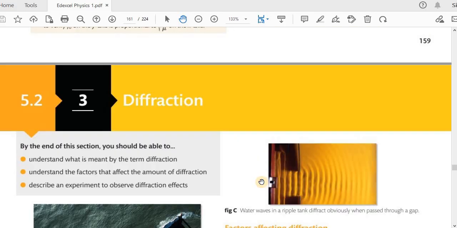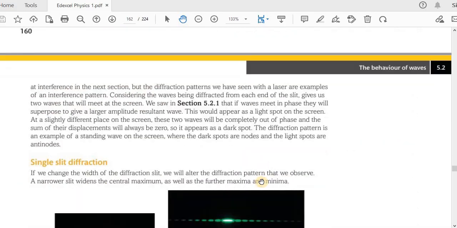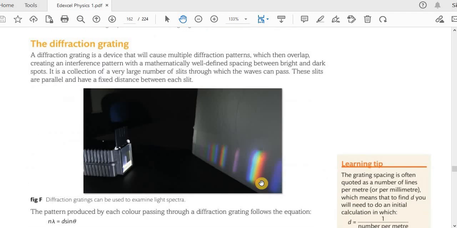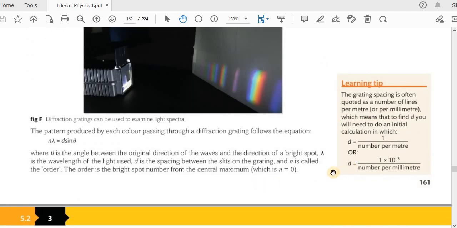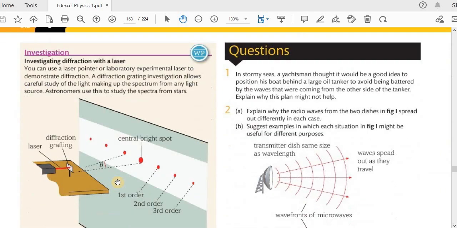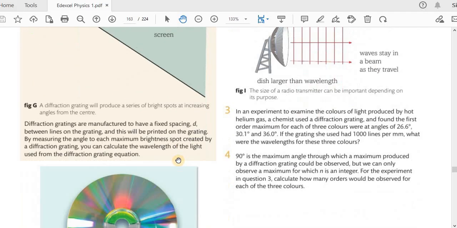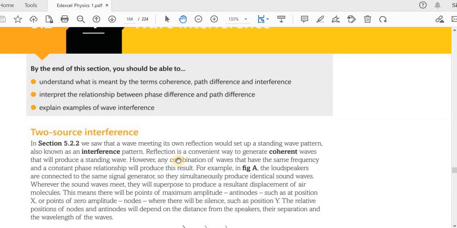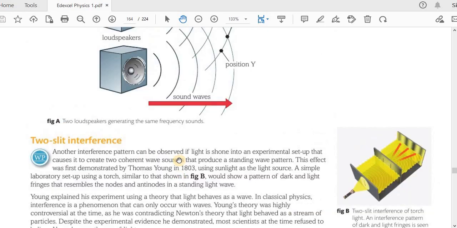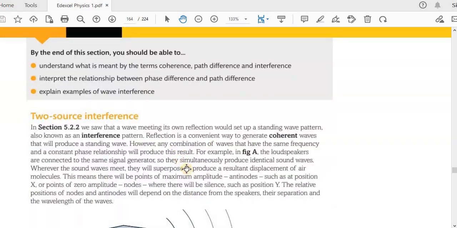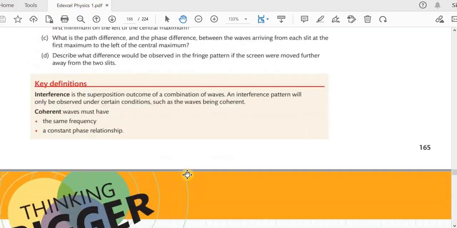So again, all these definitions are important. Then last video we discussed diffraction. Remember the diffraction grating equation is very important. And then I explained the diffraction grating using this diagram as well. And in this video we discussed wave interference, and that's the last one.